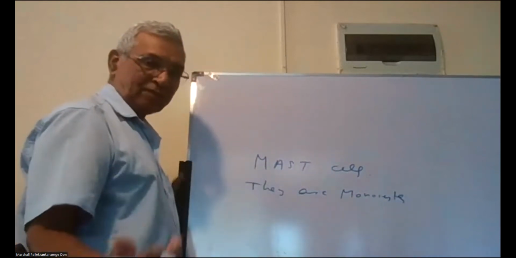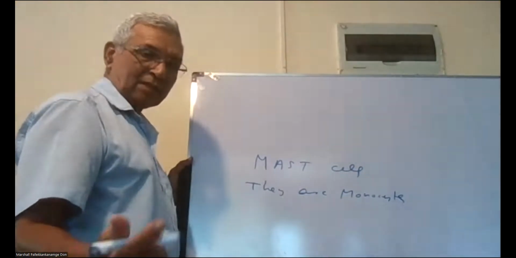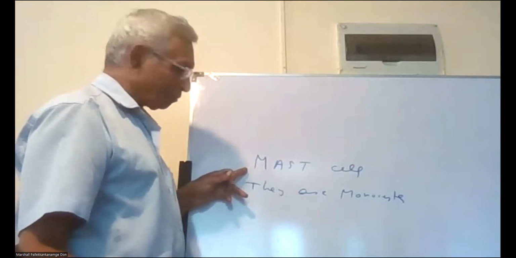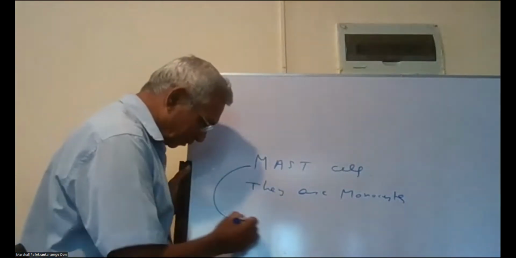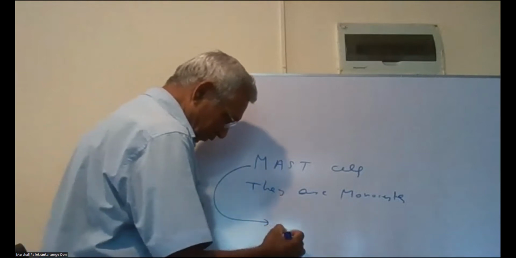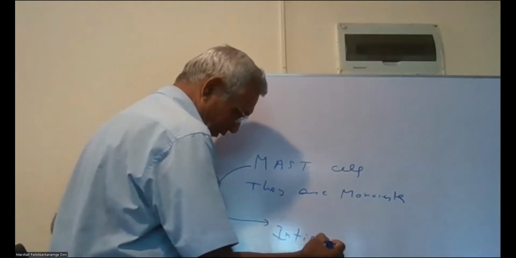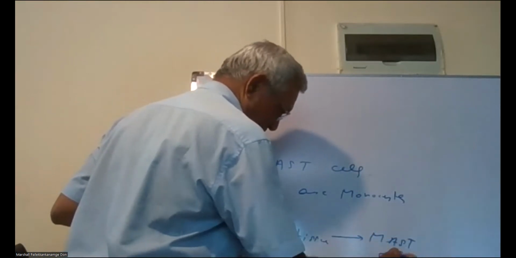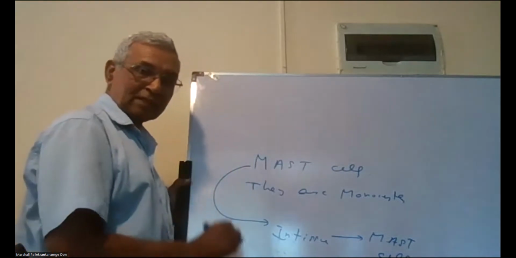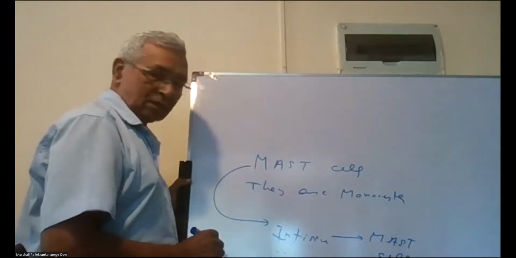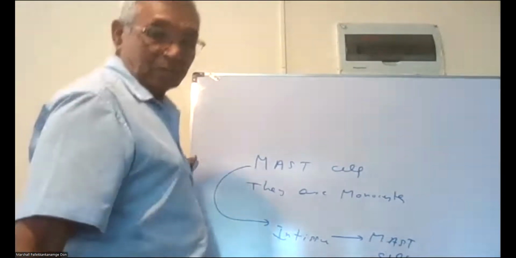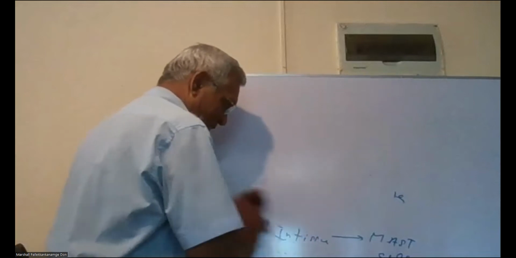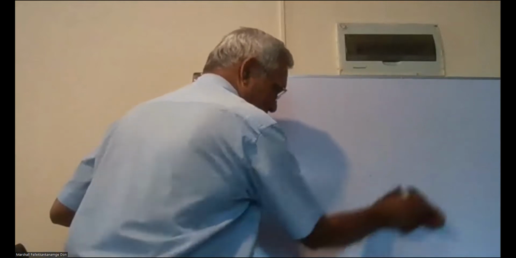Blood has neutrophils, lymphocytes, eosinophils, basophils, and monocytes. So this is a monocyte. Monocyte in the tissues is called mast cell. So this is mast cell in tissues. Now, why should the mast cell be blocked with this drug?